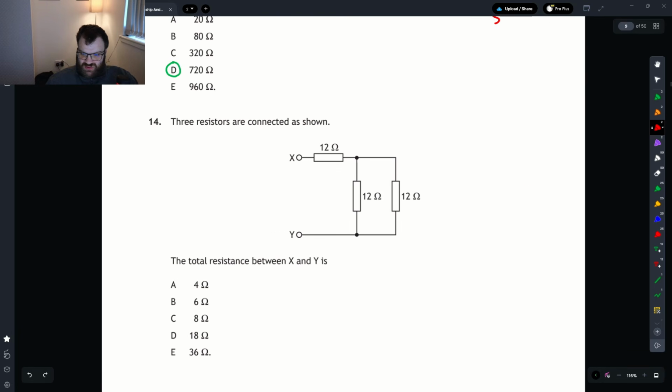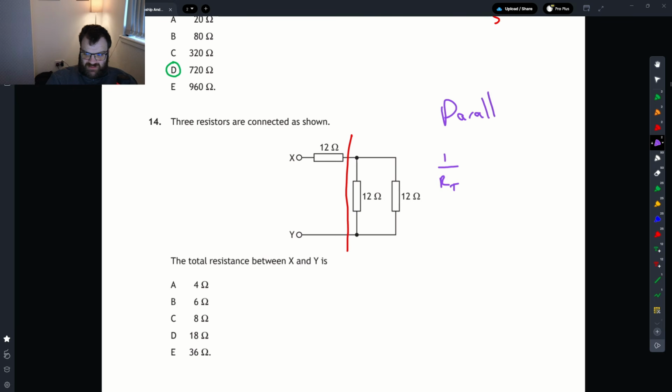Next one, we want the total resistance between X and Y. Right, looks like we need to deal with these in 2 separate parts. So we've got the initial resistor as the current's passing through that, so that's going to be 12 first of all. And then over here, we're going to have to work out the resistance of the parallel part. Just make a wee note to keep track of it.